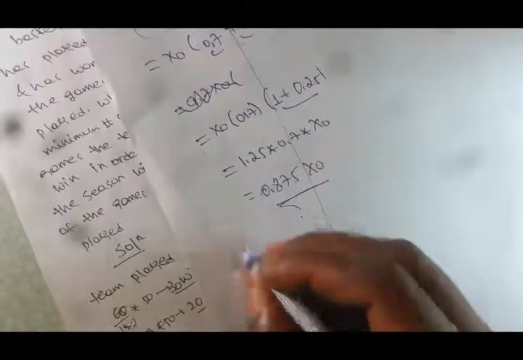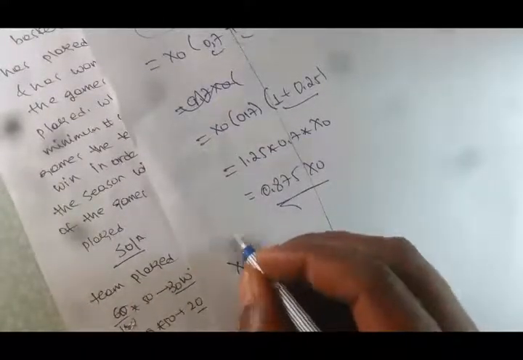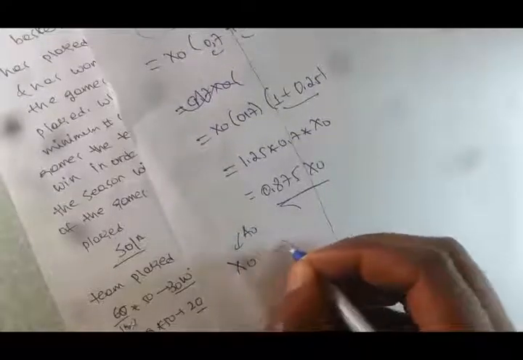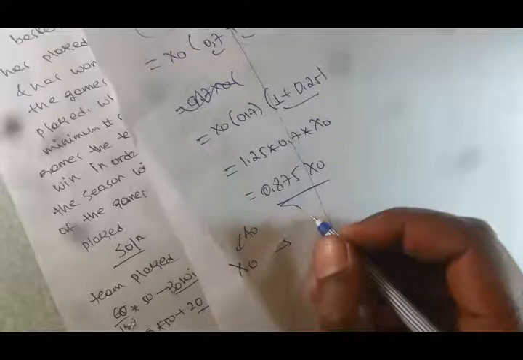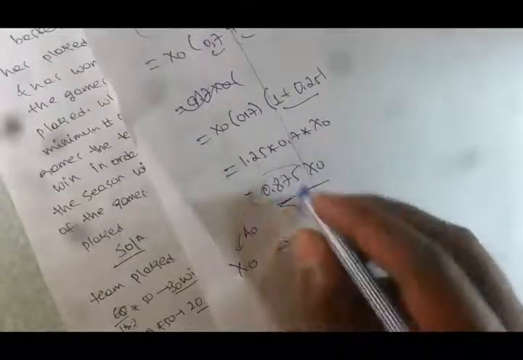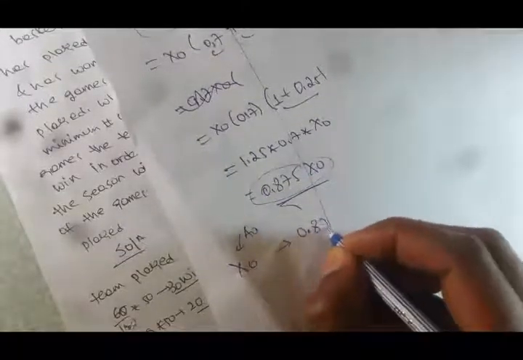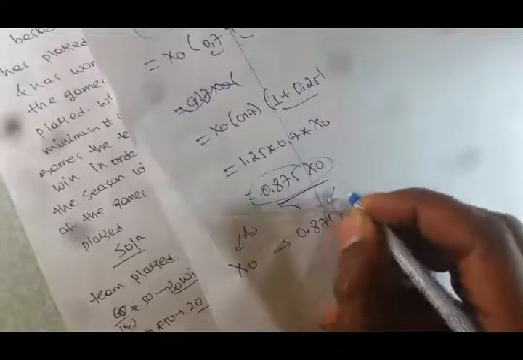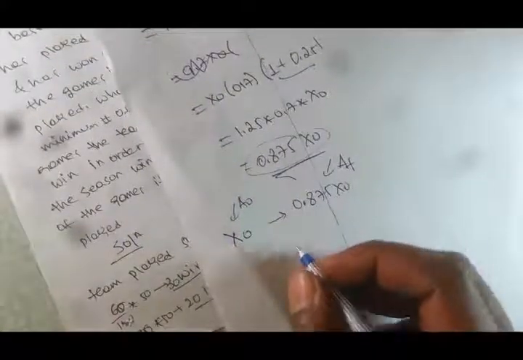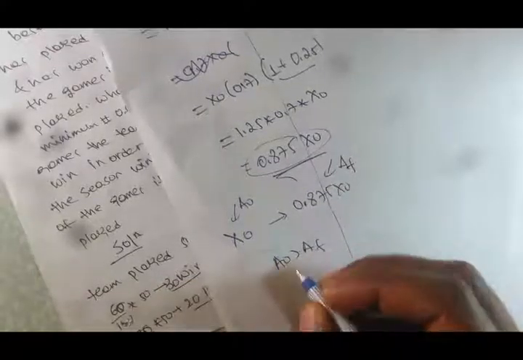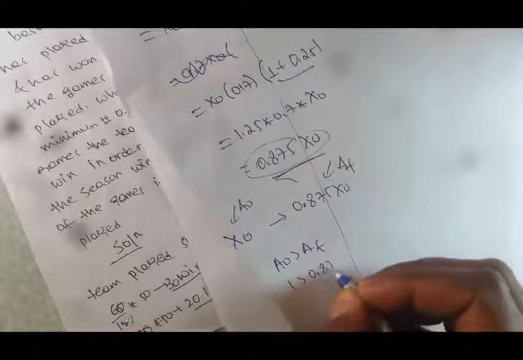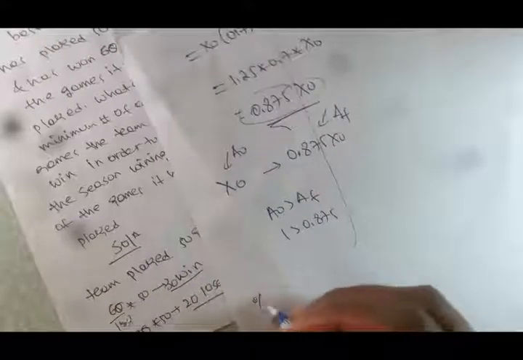And we assume that xo is our initial AO, and the final value after the 13% reduction and the 25% increase was 0.875 xo. This is our A final. When we see this, AO is greater than A final because 1 is greater than 0.875. Therefore there will be a percent decrease.